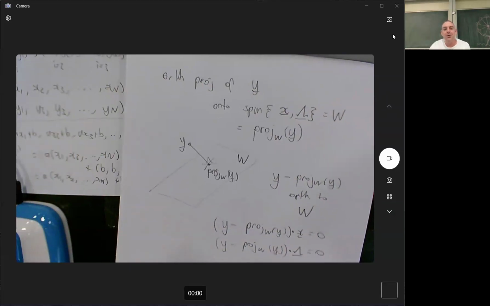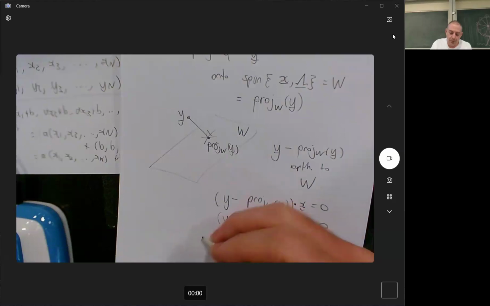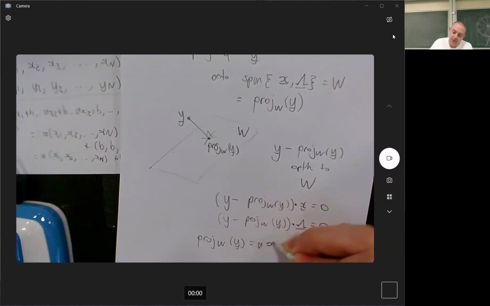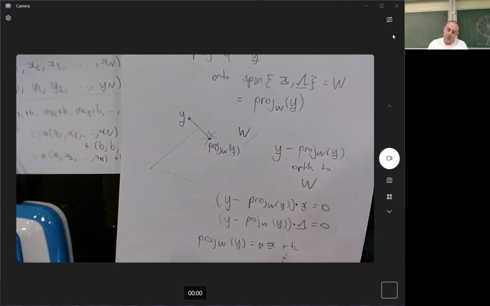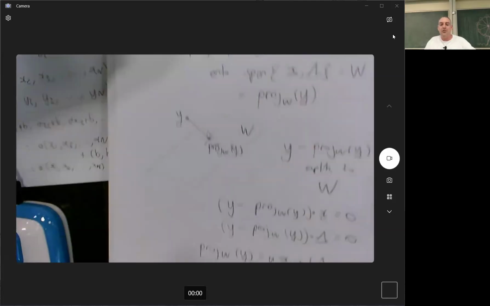And the final trick that they pulled is to say that this vector, whatever it is, is in the subspace W, so it must be A times X plus B times lambda for some values of A and B. So the projection onto W of Y is A times X plus B times lambda, for some A and B, because it's in the span of X and lambda, and so it has to be a combination.